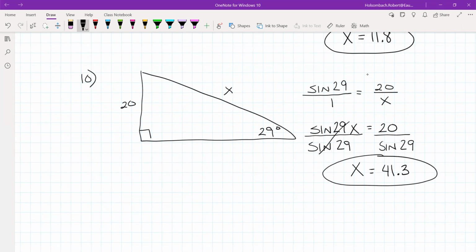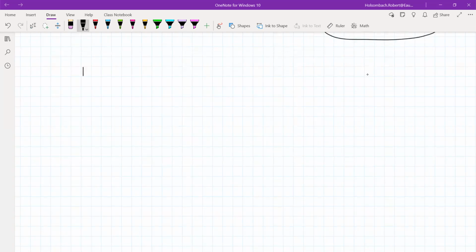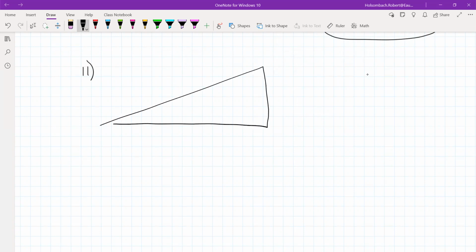And last, but certainly not least, number 11. Has a hypotenuse of 9, interior angle of 30, and an adjacent side of x. Adjacent and hypotenuse.